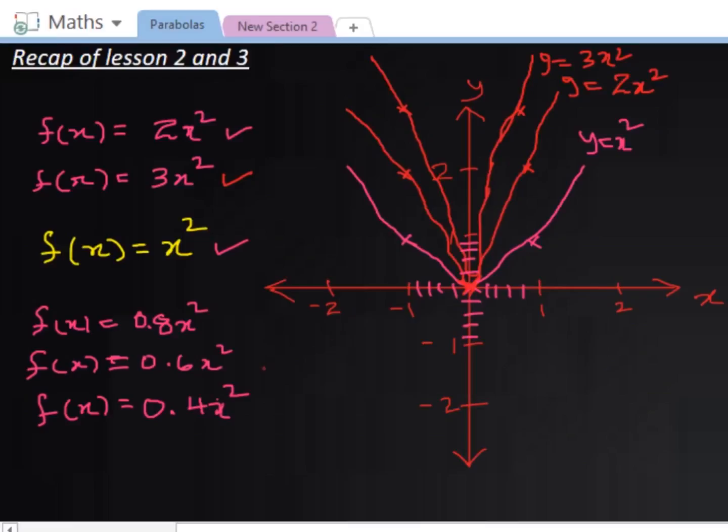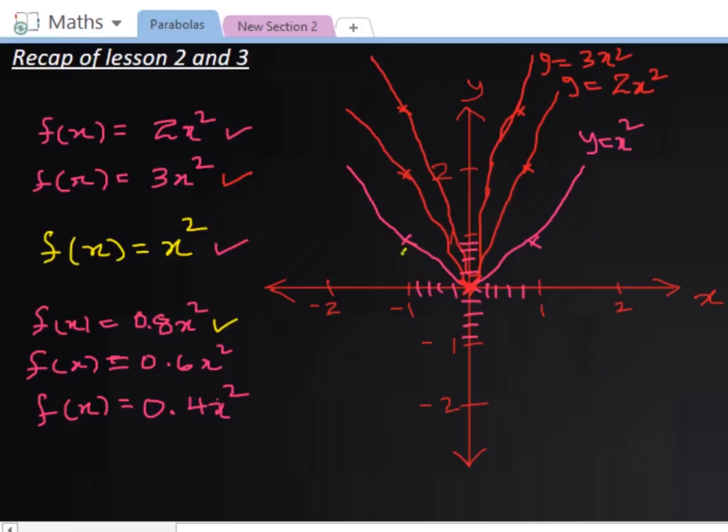Now let's switch to plotting the 3 parabolas with a values less than 1 but greater than 0. Our first point in this case will be -1 and 0.8. That is, for this parabola, it will be -1 and 0.8. 0.8 is a point somewhere around here, which is less than 1.